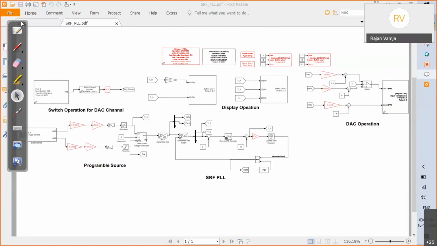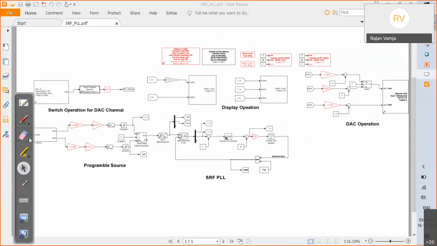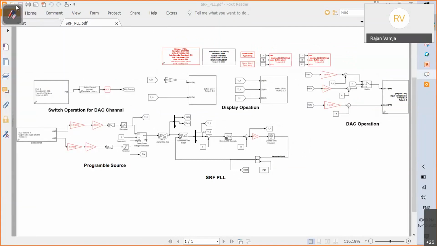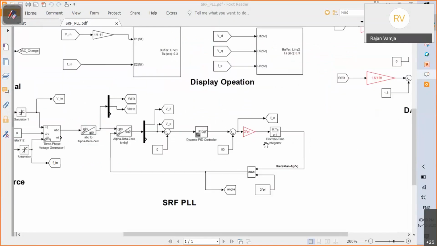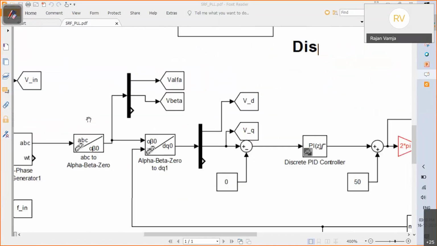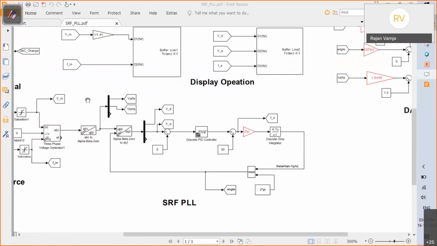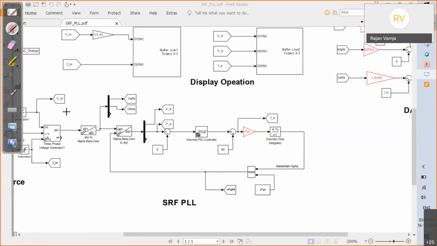We have demonstrated how to implement this, starting with the algorithm. This is our base algorithm. What we did is generate three voltages.